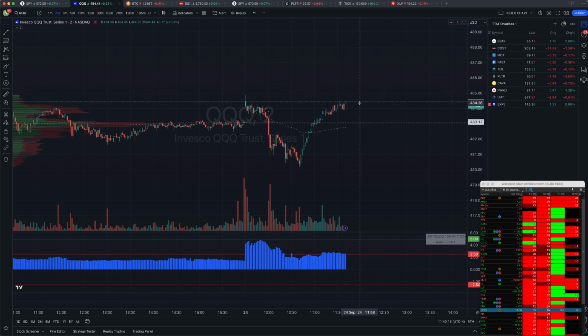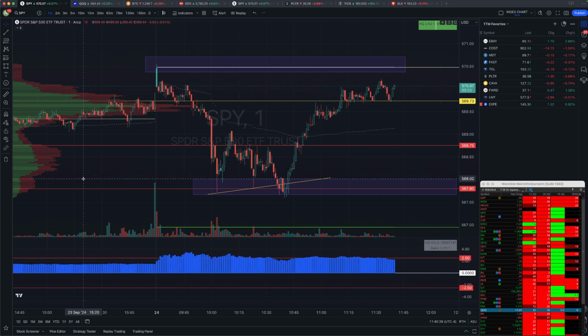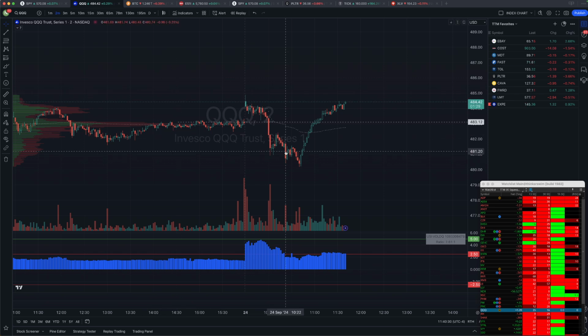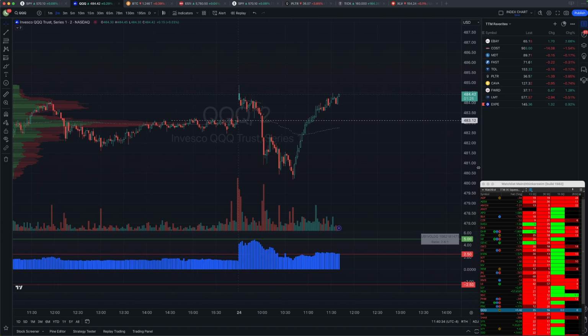The buying that's coming into the market has been here all day, especially on the Q side. It was high on the SPY, but it's definitely higher on the Qs, and the Qs have moved less and fell off less.